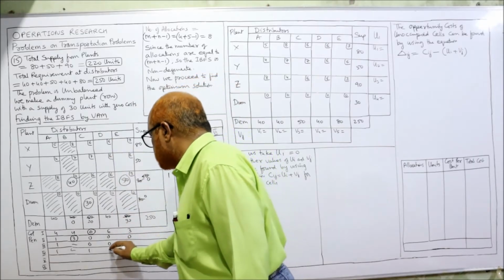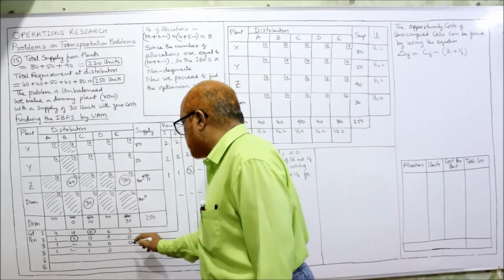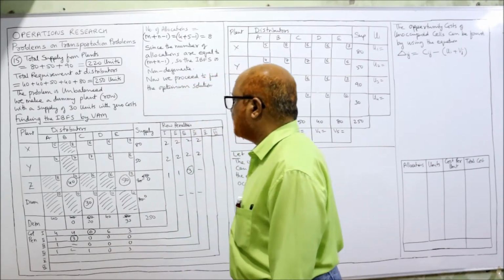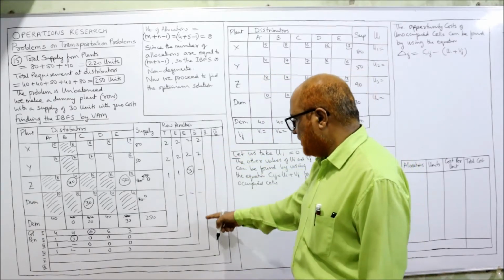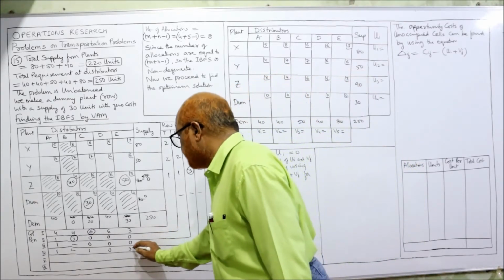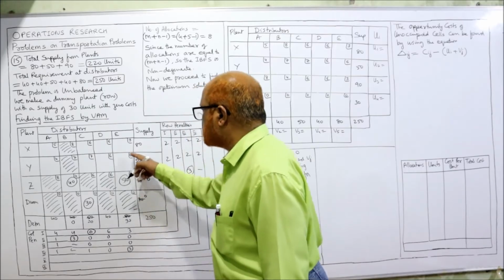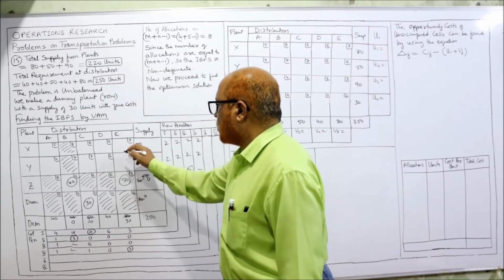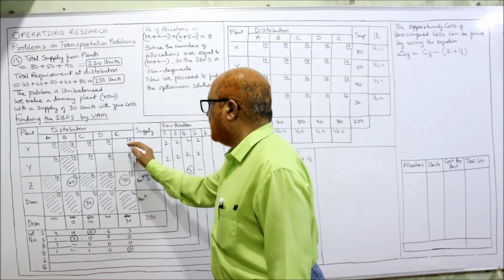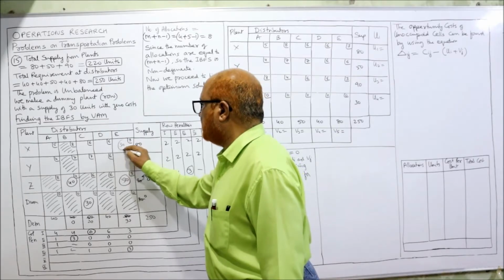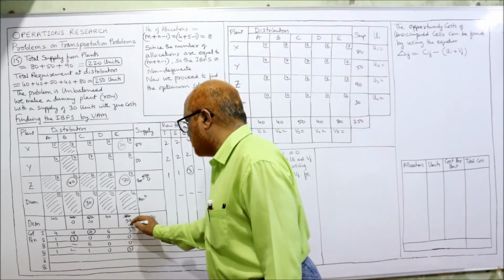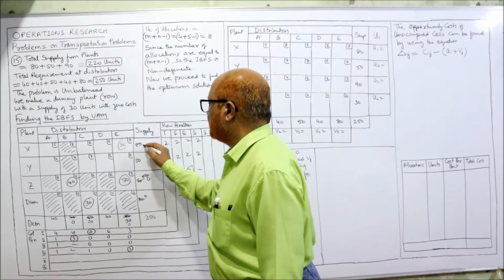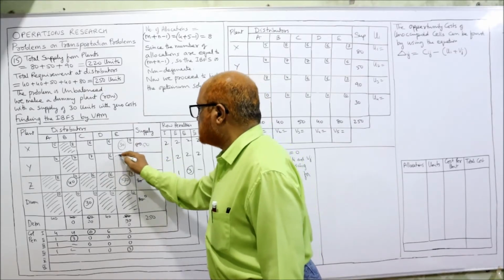Here 6, 6, 0. Here 3 to 6 is 3. Now what is the highest penalty? Here it is 3. So what is the lowest cost here? 3. So column total 30, row total 80. So I will allocate 30 here. 30 minus 30 is 0. 80 minus 30, 50. So the column is blocked.